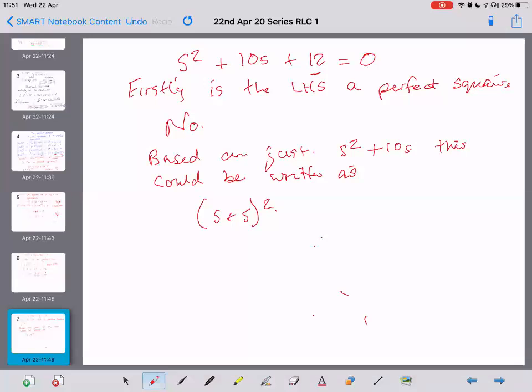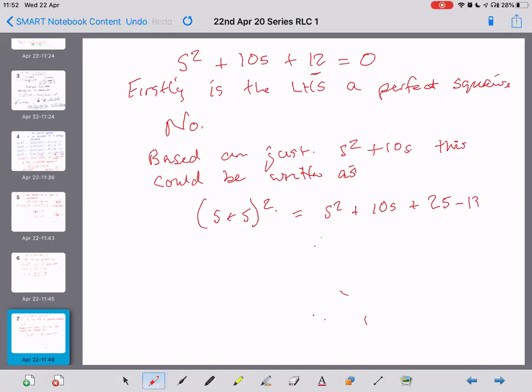That'd be s squared plus 10s plus 25. But we've got to make that 12.